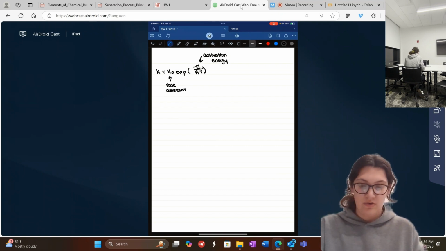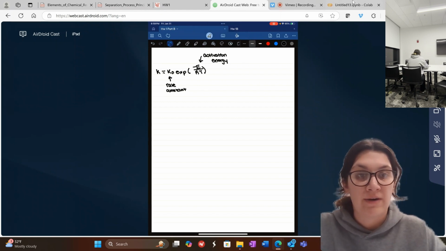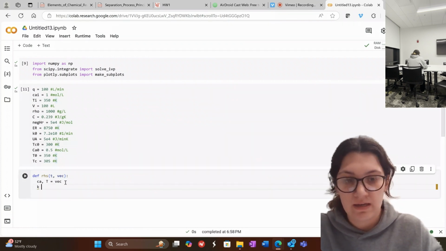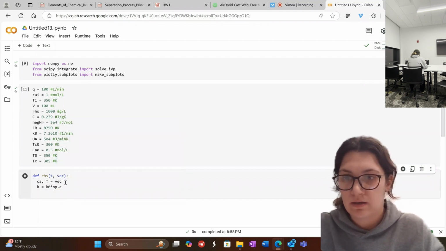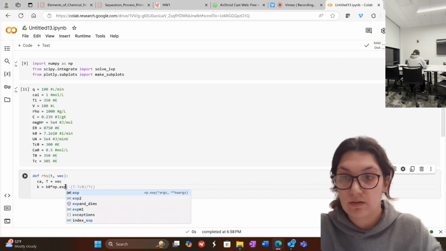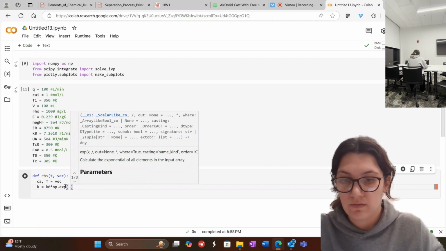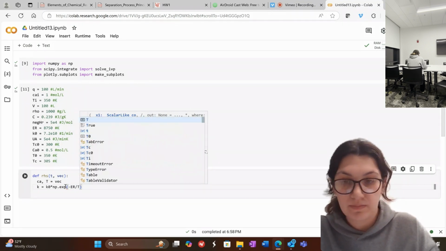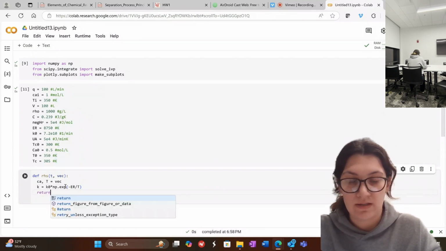And so we just need to go ahead and actually calculate our k value ourselves. We can do k is equal to k naught times np.exp of negative E over R divided by T. And then now we can just return our right-hand side.